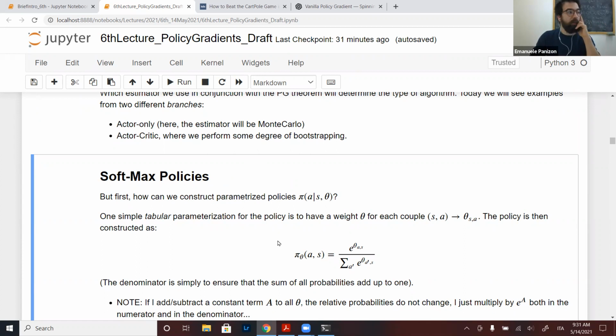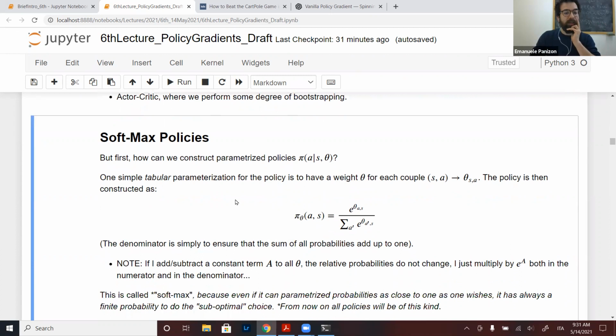And we will use throughout this today is this kind of softmax policy. It's a tabular way of representing the policy. That is to say that for each couple of state and action, we have one single parameter, which is a theta SA.